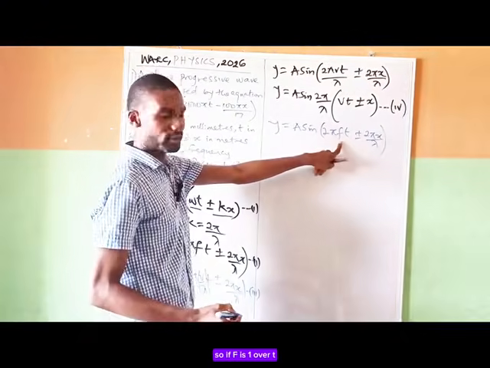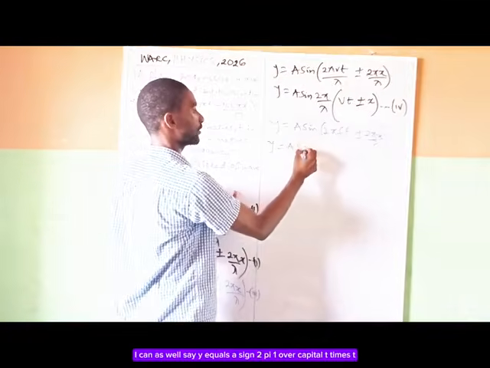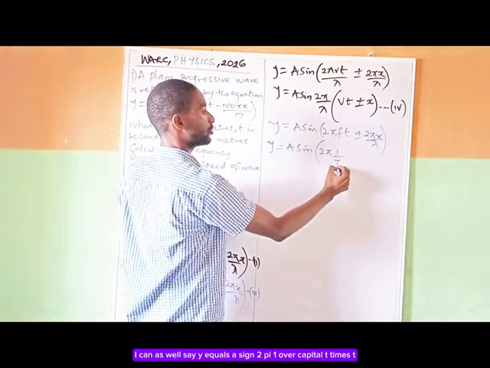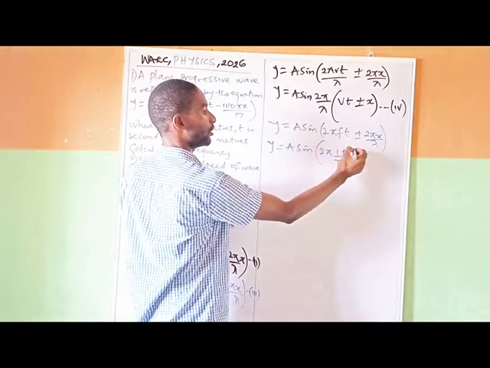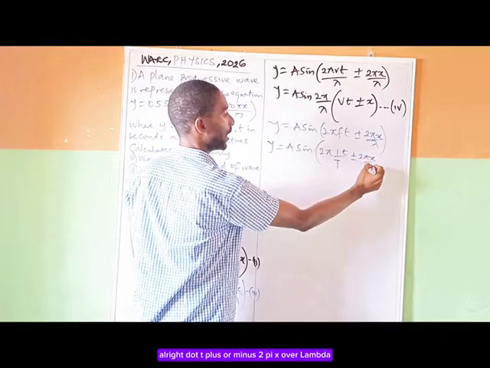So if f is 1 over T, I can as well say y equals a sine 2 pi 1 over capital T times t, plus or minus 2 pi x over lambda.